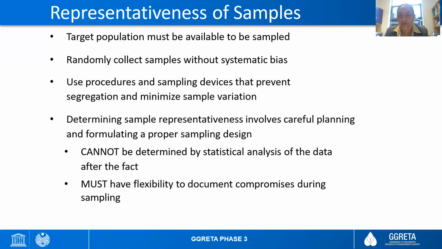It can't be determined by statistical analysis after the fact. You can't collect samples and then determine later if it was representative. It's something you need to do before you sample. You must have flexibility to document compromises during your sampling. It's very important to document everything you do during your sampling so that you can pick up whether you've done anything incorrectly, for example.